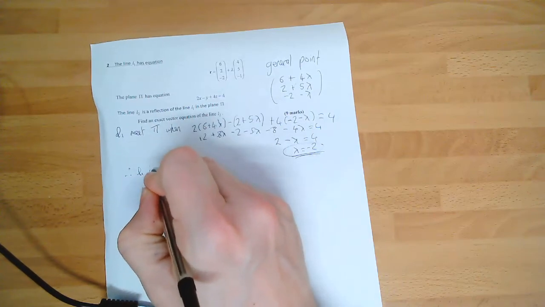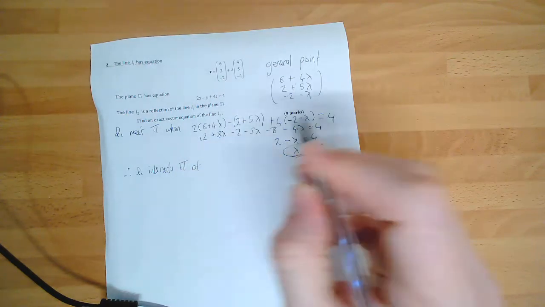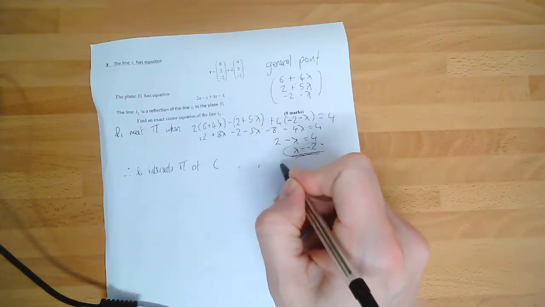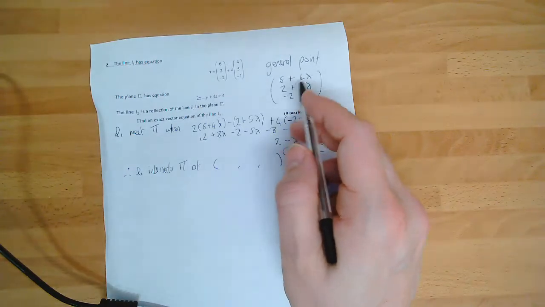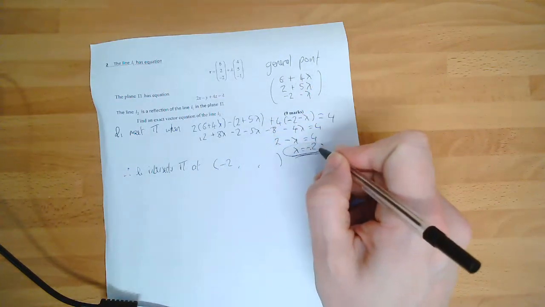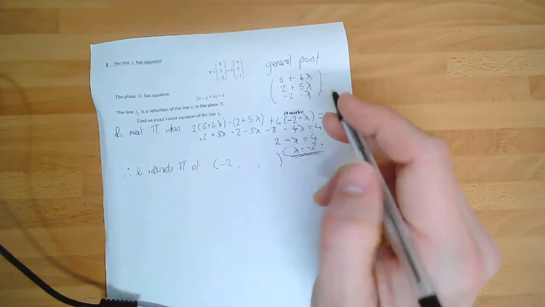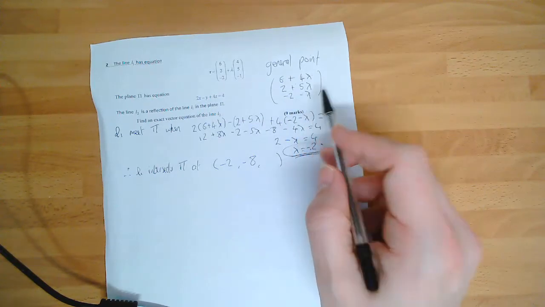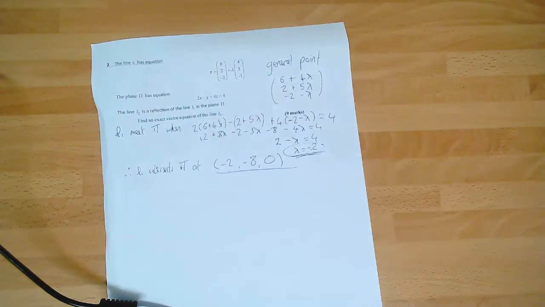Therefore, L1 intersects pi at, so we just put negative 2 into there: 6 plus negative 8 would give you negative 2, then 2 plus 5 times negative 2 is negative 8, and then negative 2 take away negative 2 is 0. So that's the intersect. We've found out where the line intersects. That's going to help us.